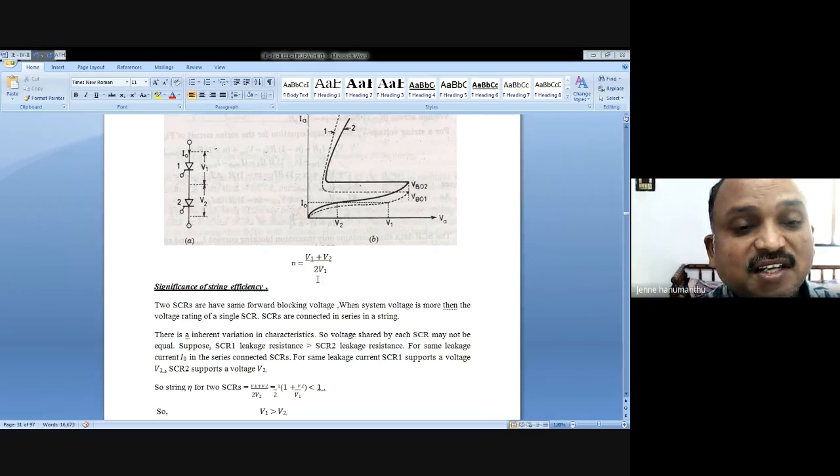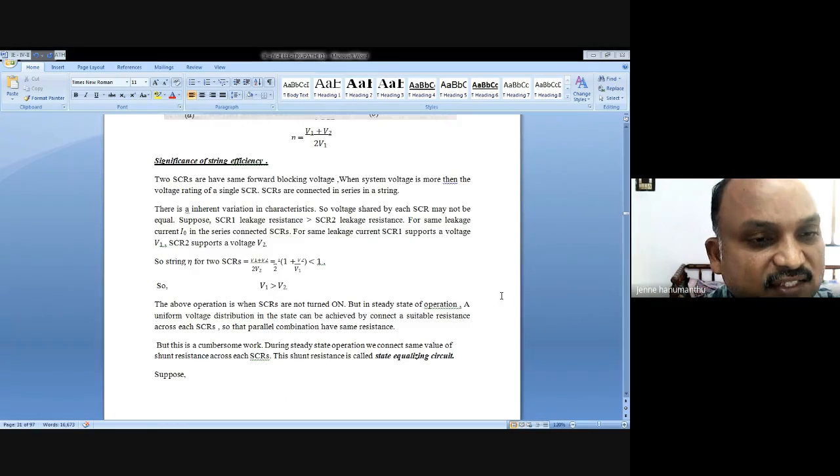But we cannot say 2 V1. You can say it is V1 plus V2 by 2. But here we are assuming that V1 and V2 are equal, so that we can get the efficiency equal to V1 plus V2 by 2 V1. Okay, so we can write like this.